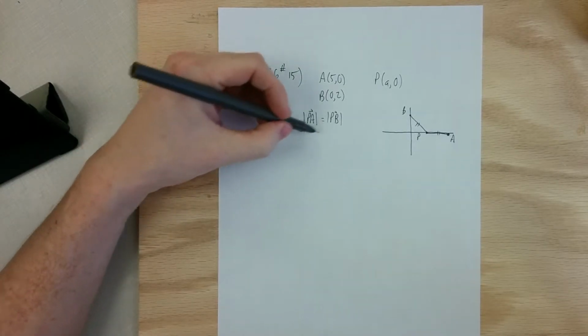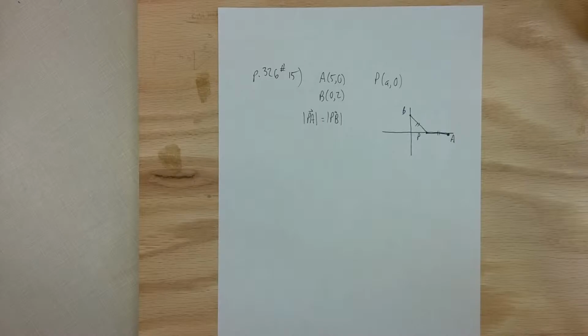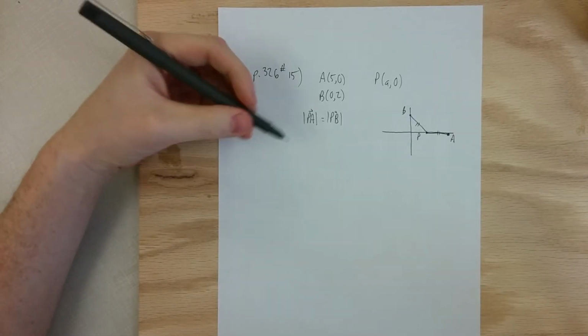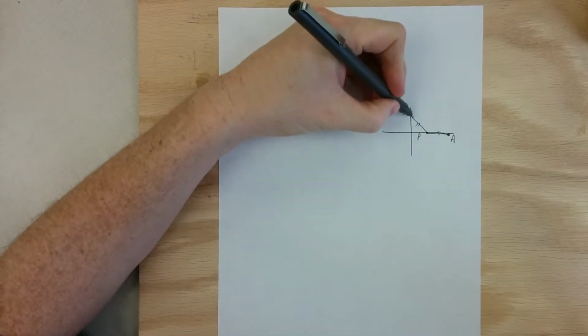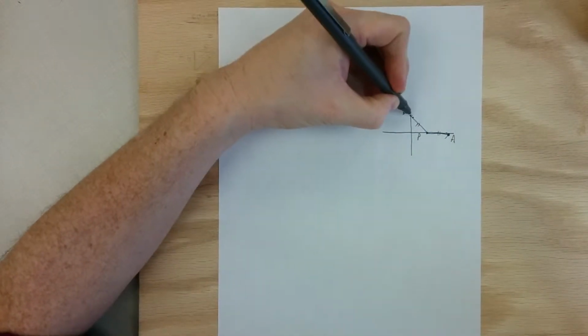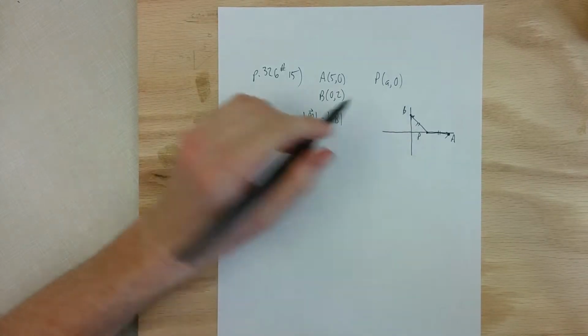Now, if this is the equation that we're trying to discuss, we'll just create these two vectors first, so we're talking about that the magnitude of PA is equal to the magnitude of PB.